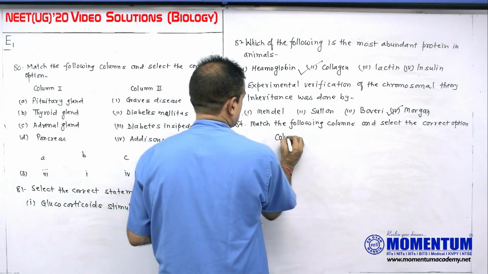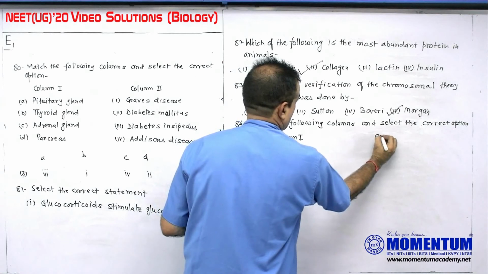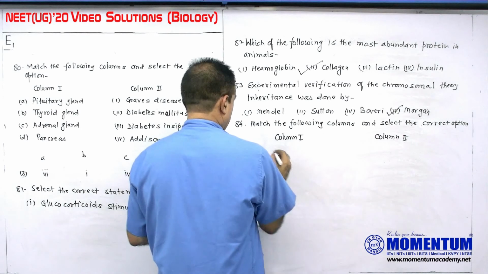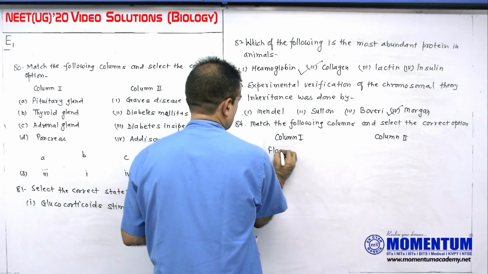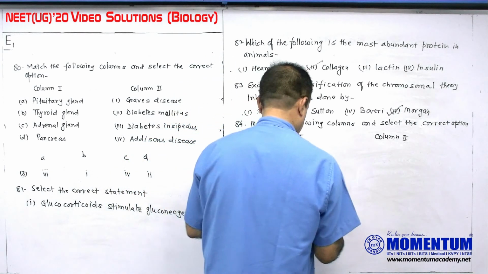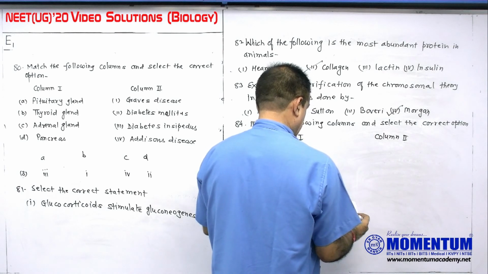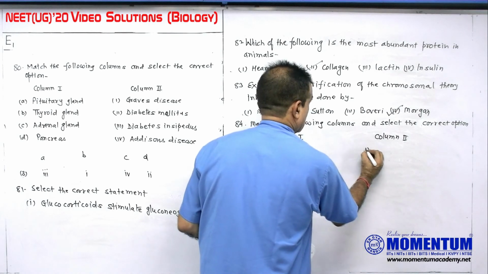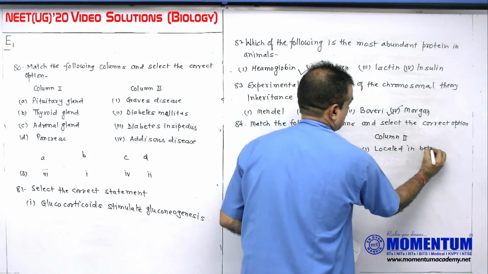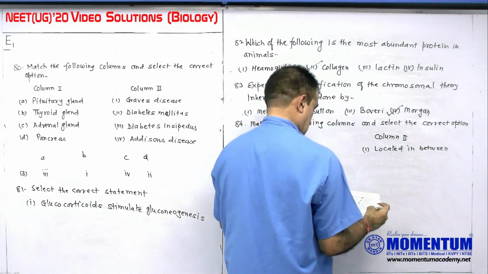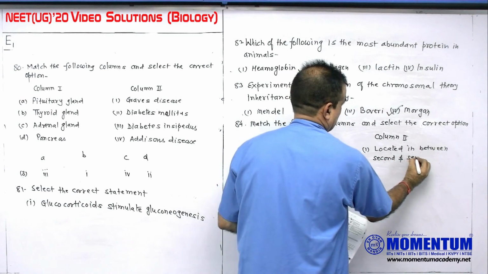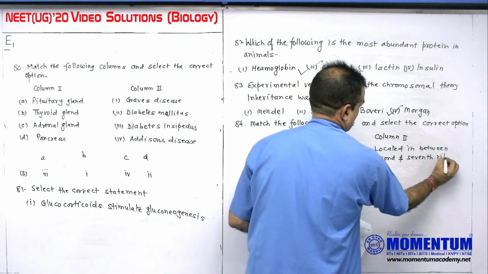Column 1 and column 2. Floating ribs, located between second and seventh ribs.